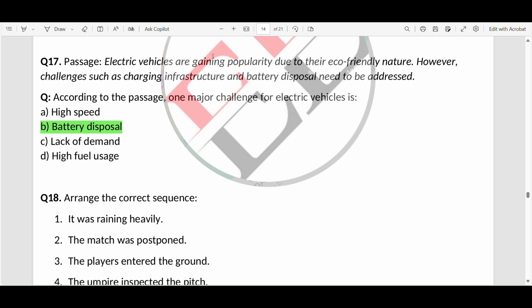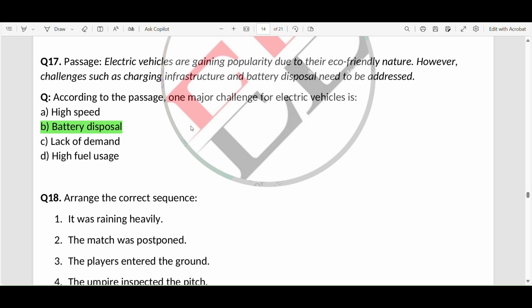Yes. And however, challenges such as charging infrastructure and battery disposal need to be addressed. Yes, using electric vehicles is a good idea, but when you travel a long distance, the charging may be low, and due to that, we cannot travel from one place to another.